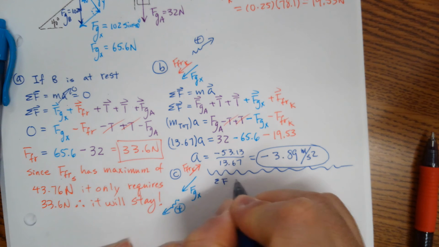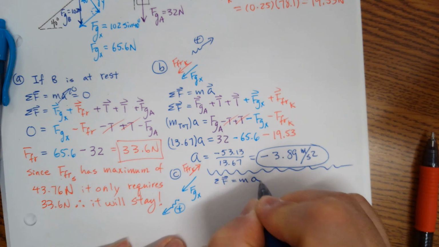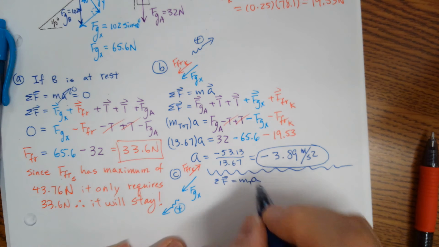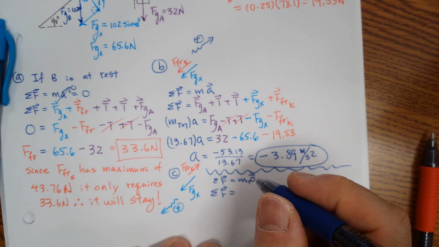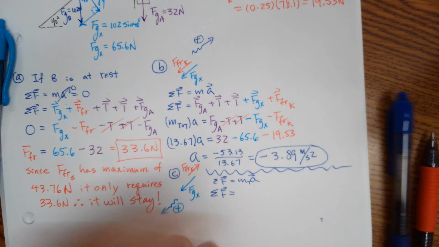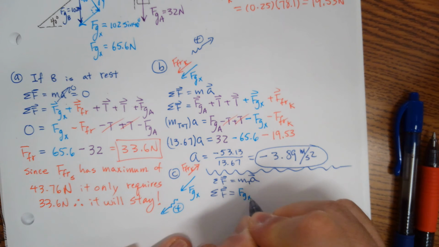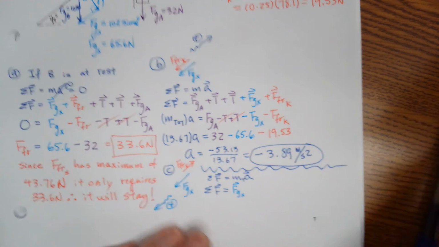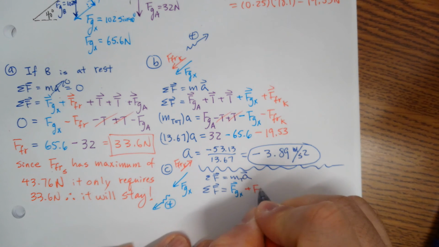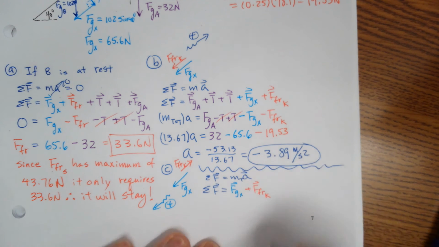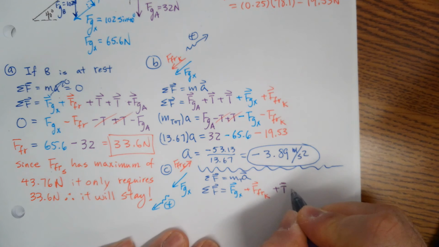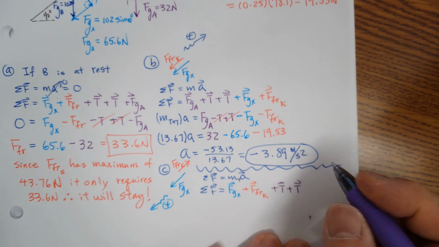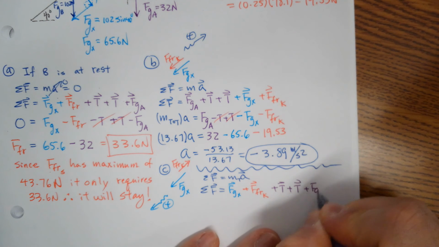So sum of all forces is equal to MA. Now this is total mass, M total. And sum of all forces equal to, here we go. Ready? I have FGX plus kinetic friction, plus tension, sorry, and then plus FGA.